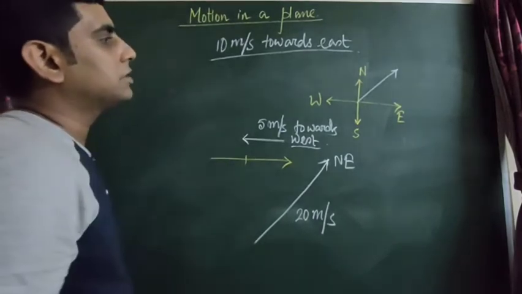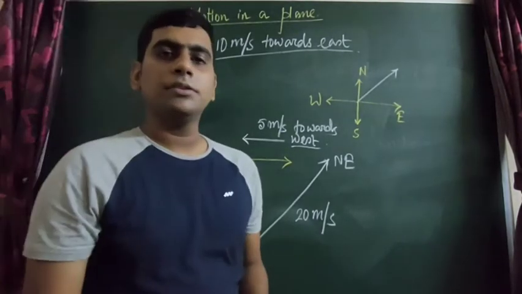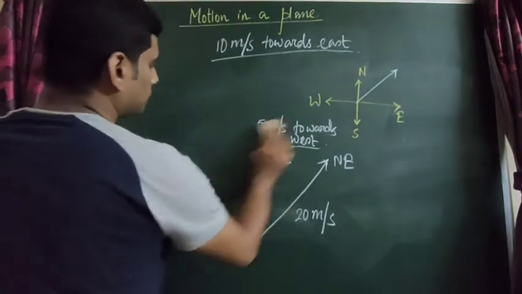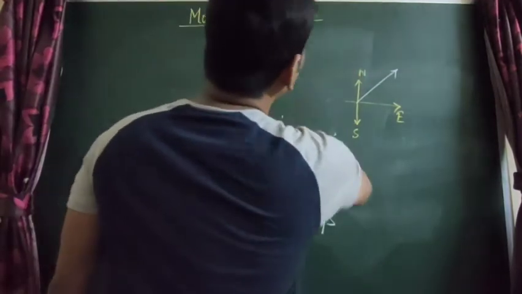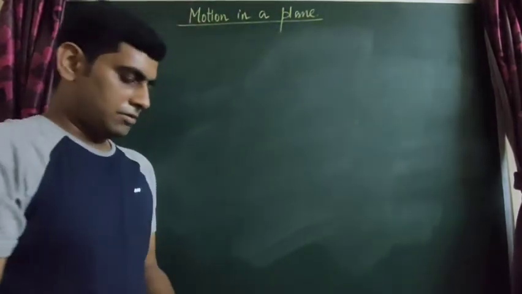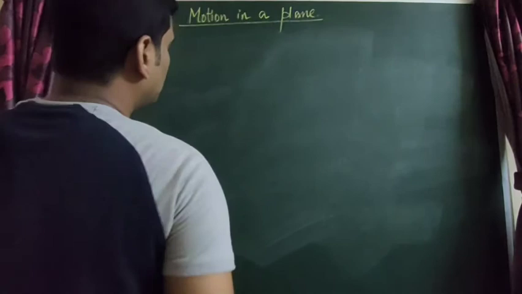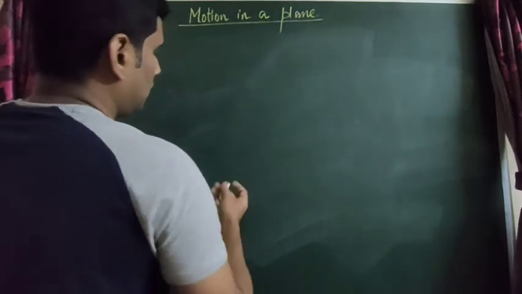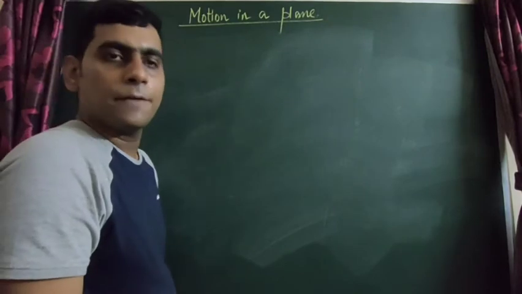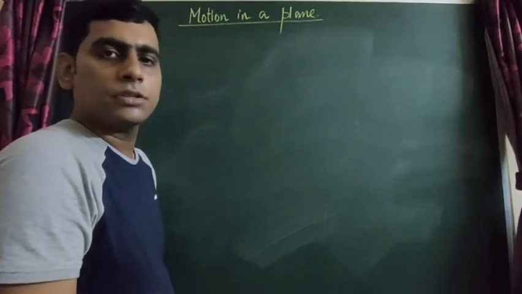Now we will discuss position vectors and displacement vectors. What are those? We'll start with the position vector. For this, let us consider the position of an object in a Cartesian coordinate plane.